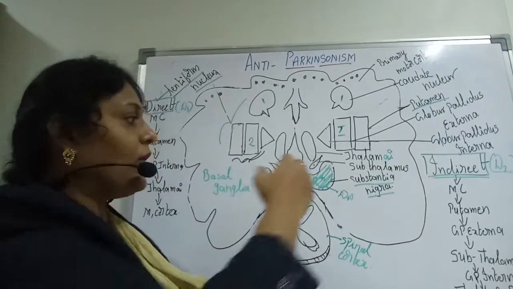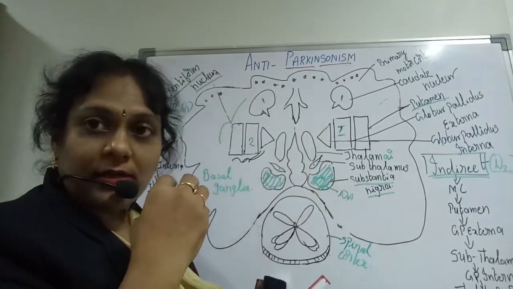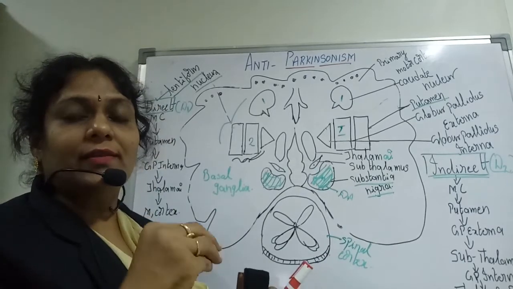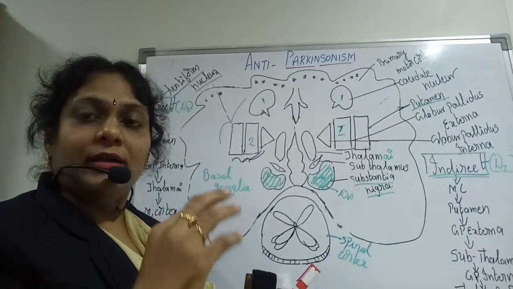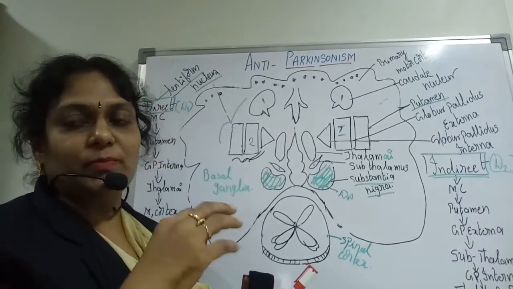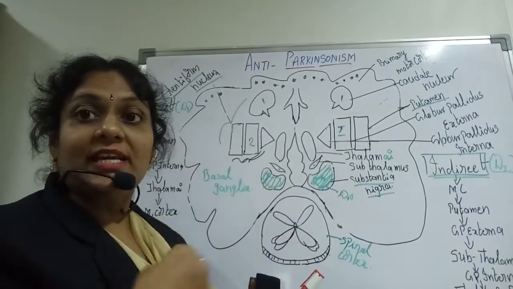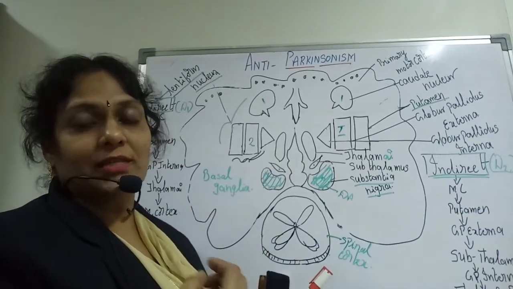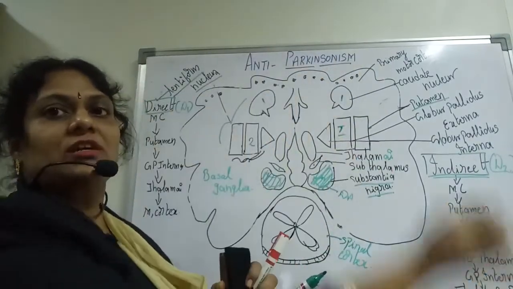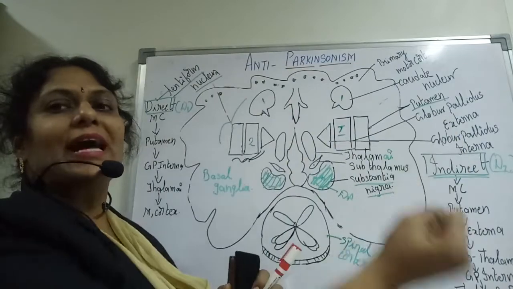But if the dopamine, which is the neurotransmitter made in your substantia nigra, directly pours its neurotransmitter into the direct pathway and the indirect pathway, you can see the rapid movements of your muscles. How is it done? You can do the rapid functions.